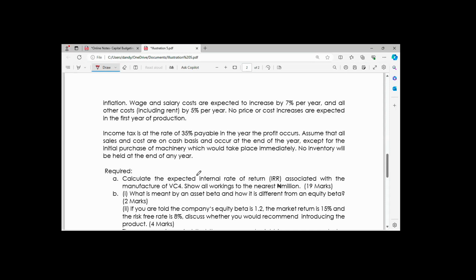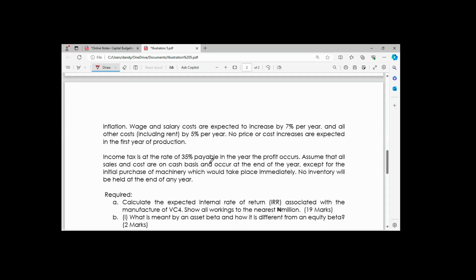So before anything, you need to go to the requirements and check what the expectation of the examiner is all about. In requirement A, you are to calculate the expected internal rate of return associated with the manufacture of VC4. Show all workings to the nearest million, 19 marks.